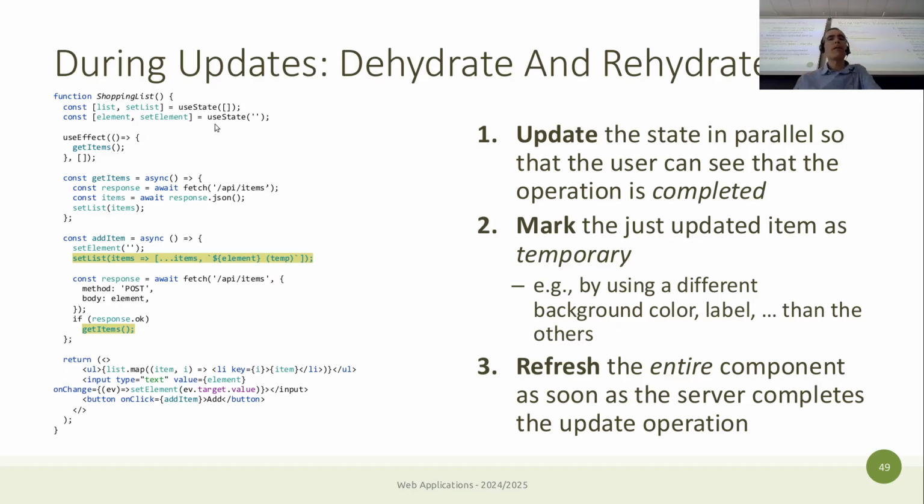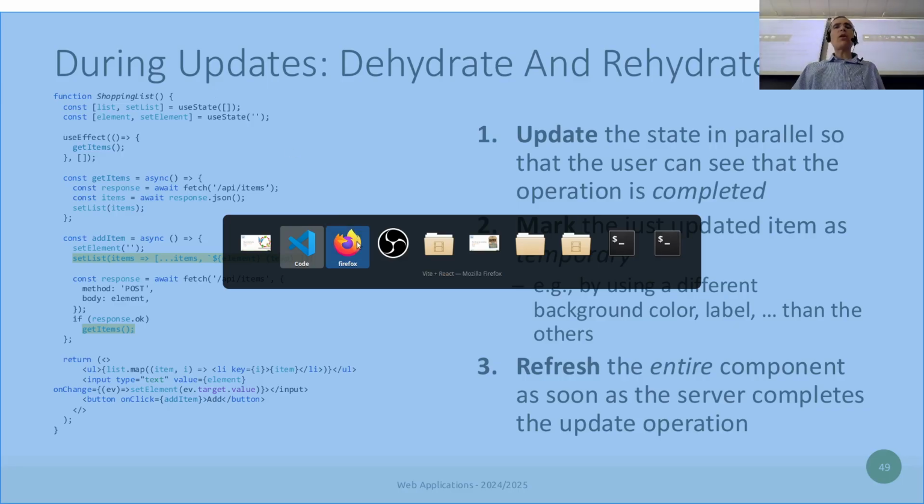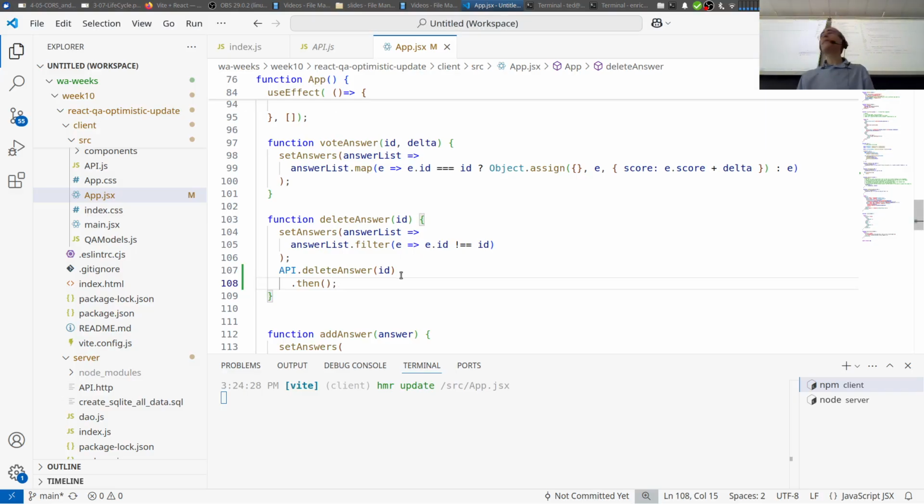So like in add, now we have delete: we update the state of the application, and then we send the delete, and then you see here get items. We could do the same, get answers, so load the information from the server and simply set it when you get it. In principle, what we are doing here is enough.